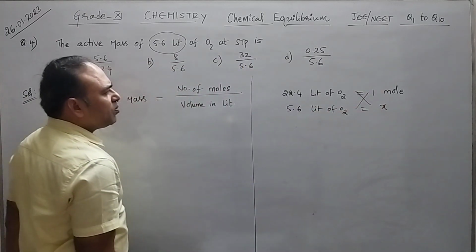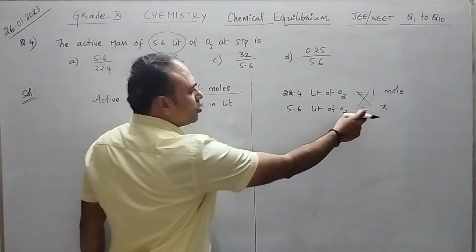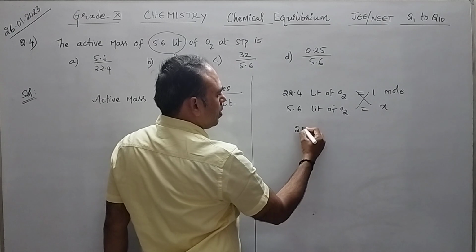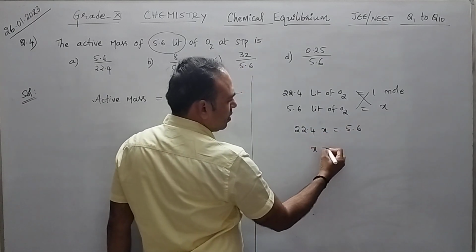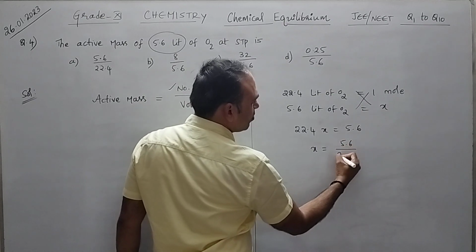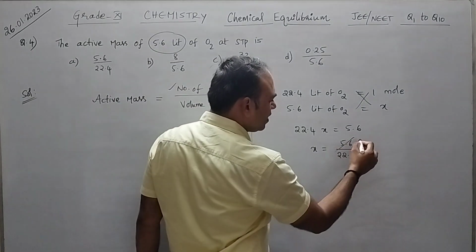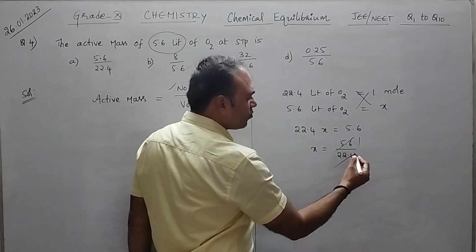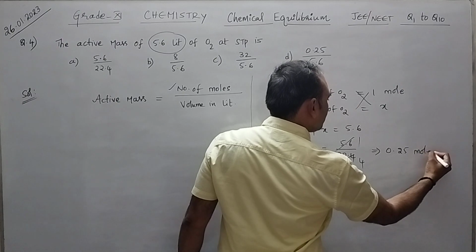We need to find the number of moles. So you can calculate it as 22.4x is equal to 5.6. Therefore x is equal to 5.6 by 22.4. We can cancel easily, 1 by 4 will be 0.25 moles.